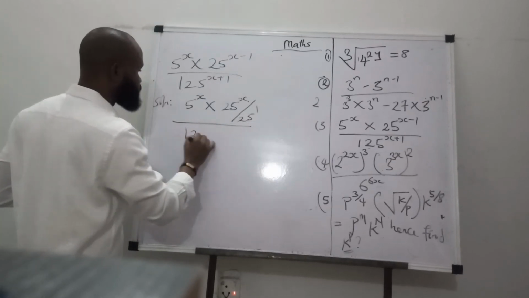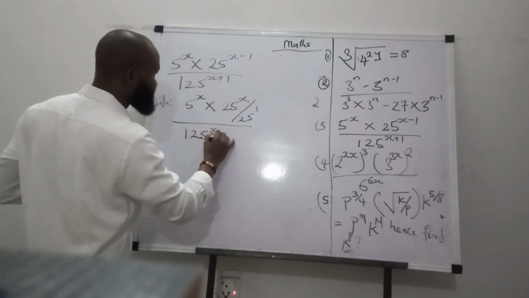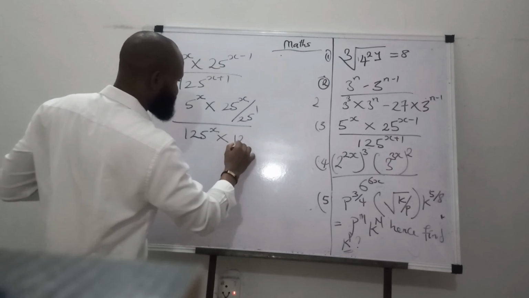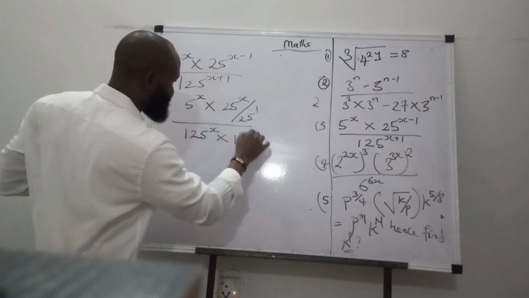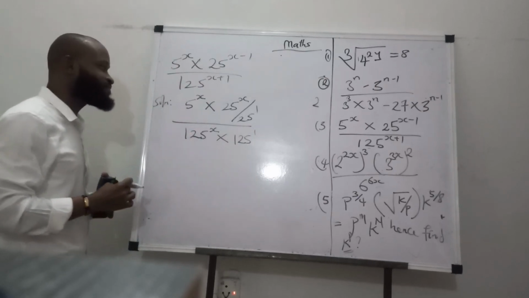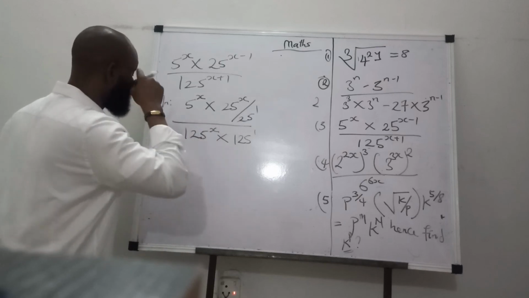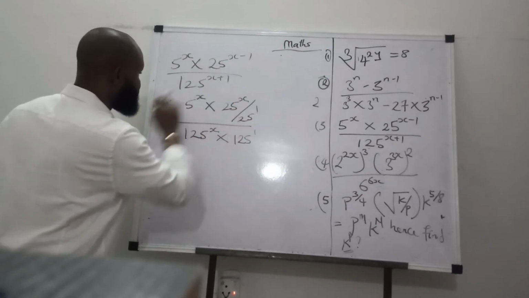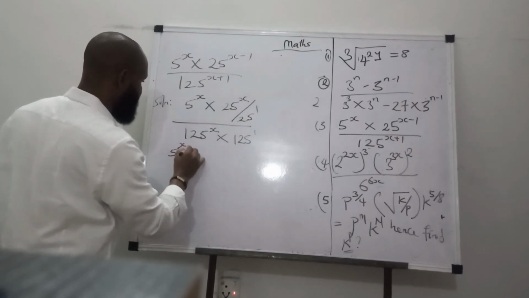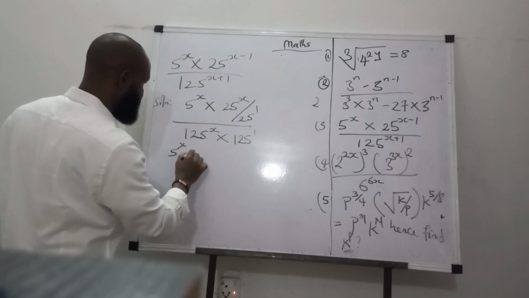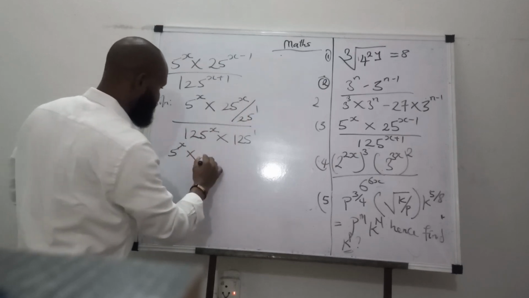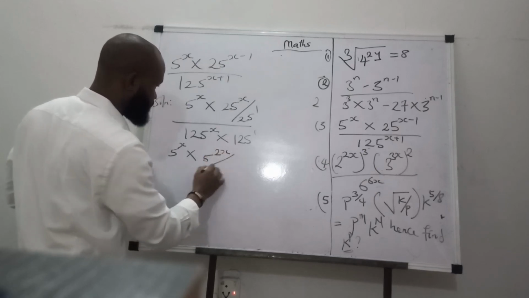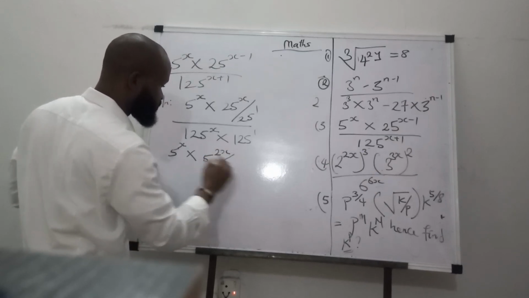All over 125 raised to the power of x plus 125 raised to the power of 1, correct? Yes. So in this case, we go ahead. So 5 raised to the power of x will be multiplied by 5 raised to the power of 2x, correct? All over 5 raised to the power of 2, correct?